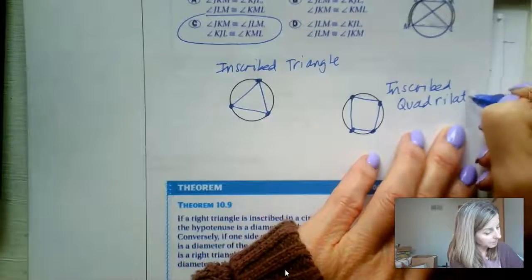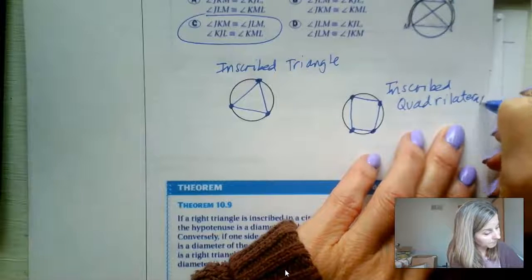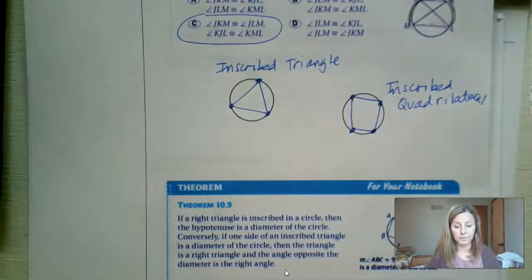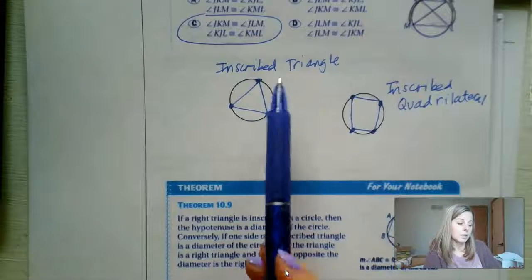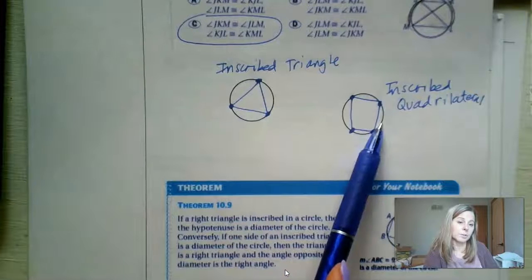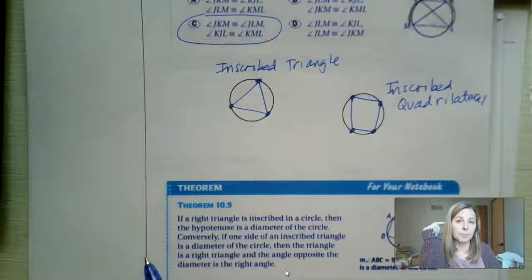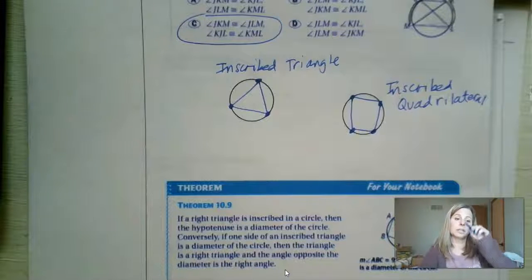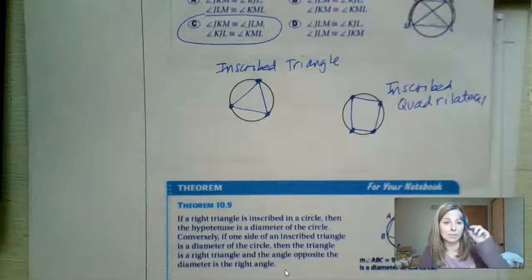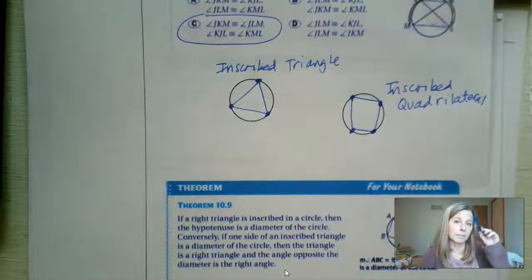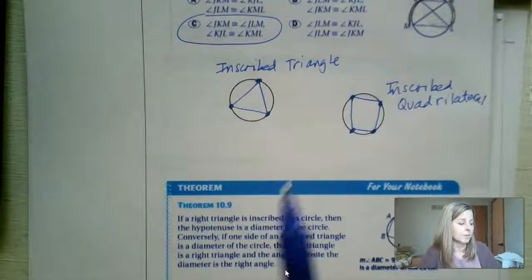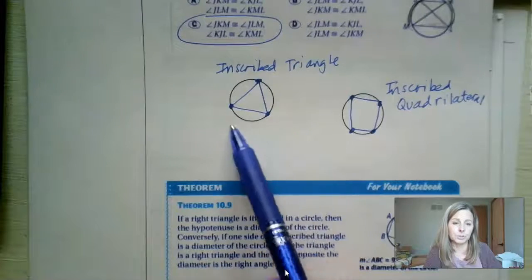The triangle or the quadrilateral is inside the circle. Inside, think IN, it's inscribed. If the circle is going around the outside of the shape, and if you think about going around the outside of a circle, that's called a circumference. So we call the circle circumscribed.